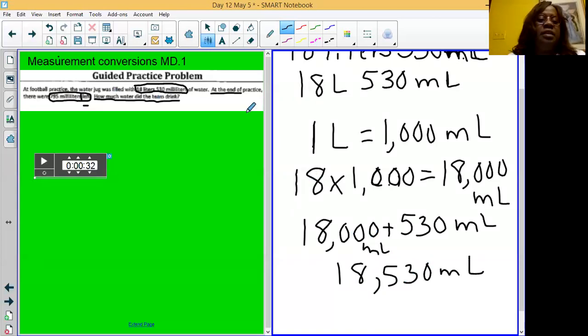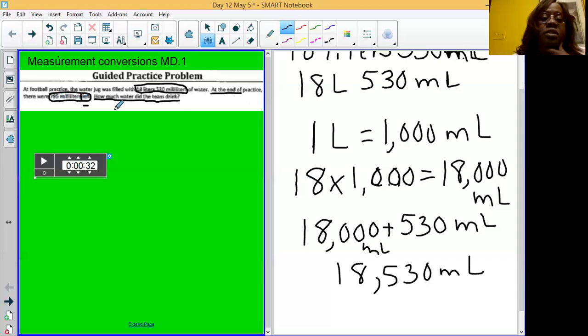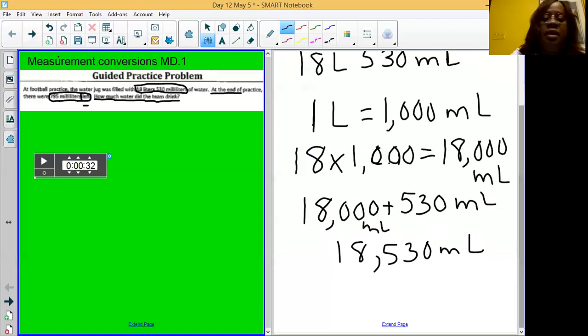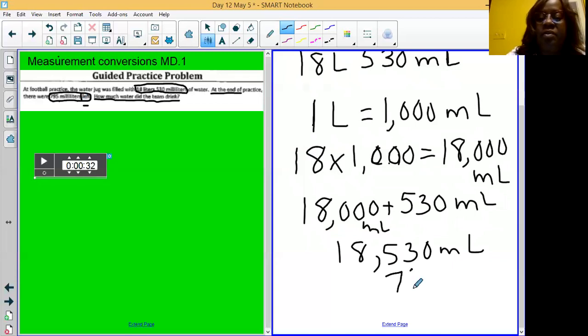Now, it says at the end of practice, there was 795 milliliters left. How much water did the team drink? Well, in order for me to figure that out, I need to subtract what was left. So I'm going to take my 18,530, and then I'm going to subtract 795 from it. And that's in milliliters as well.